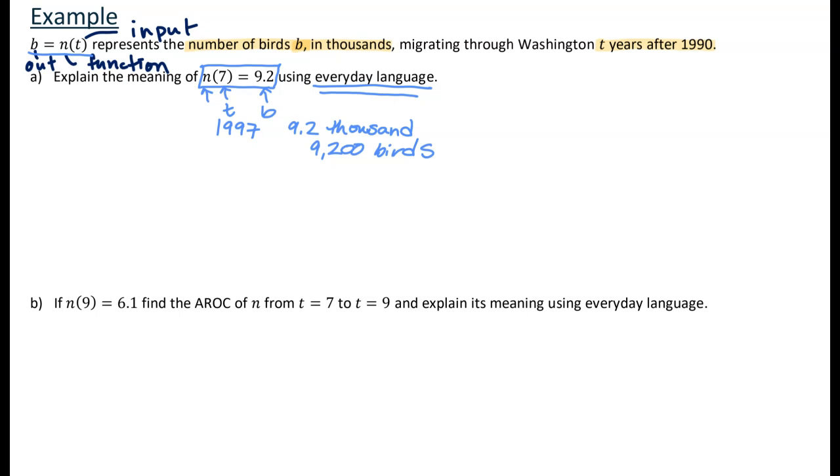So don't just say, this tells me how many birds were migrating in 1997. Tell me it's 9,200. Don't leave those numerical values out, and also don't leave the units out. Those will all be important to me. So again, in 1997, 9,200 birds were migrating through Washington. It doesn't have to be exactly that wording, but that has all the pieces that I would be looking for.